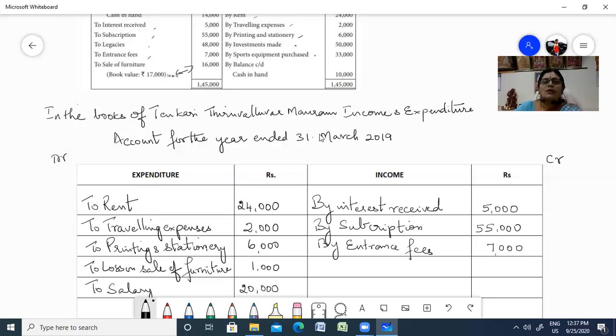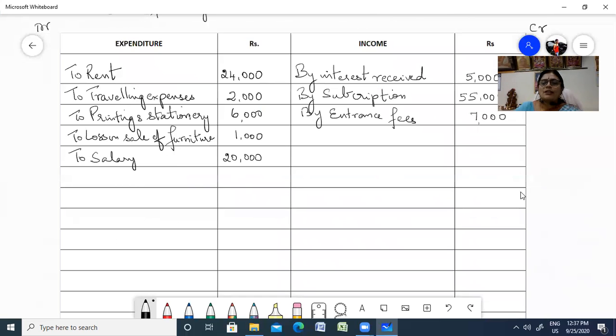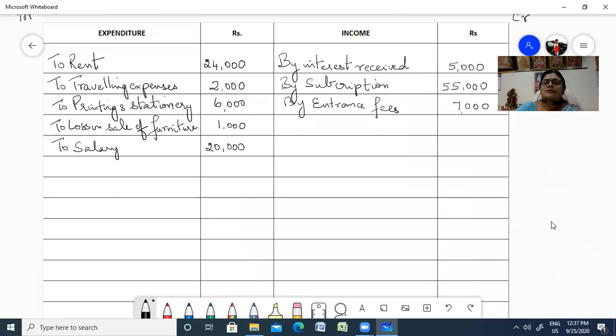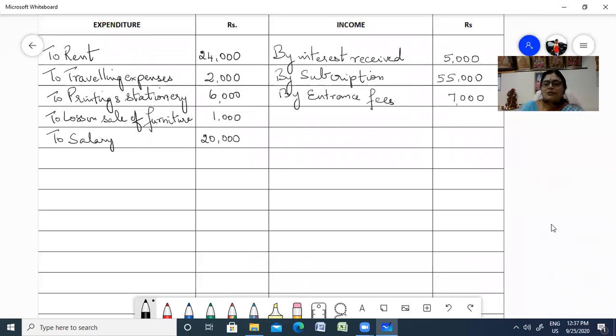Now that we have cross-checked, let us close the account. Nothing else is left. So let us close it. 67,000, this side is more, obviously, your credit side.